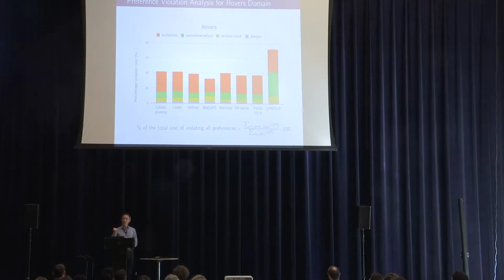And the colors here say the percentage of the different kinds of preferences that are violated. So we have the green bar here that is much larger for LP-RPGP, and this corresponds to the sometime-before preferences that I have illustrated before. So that means that it performs particularly worse for this kind of preferences.